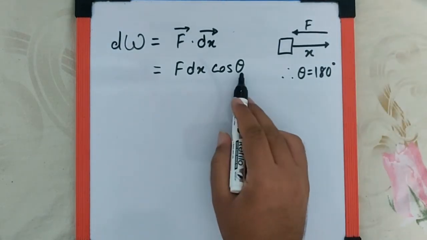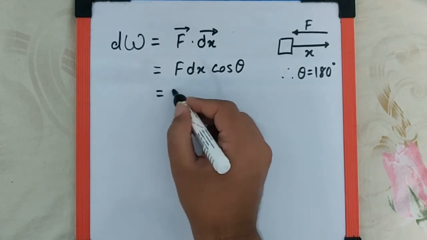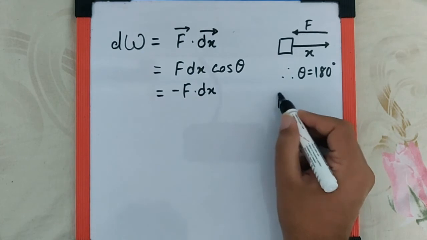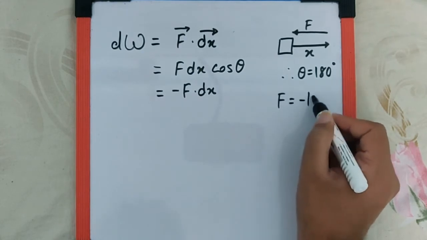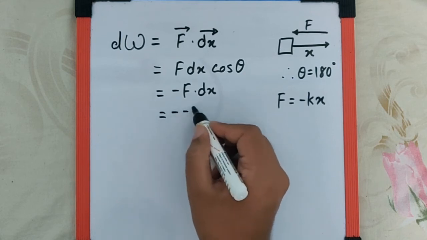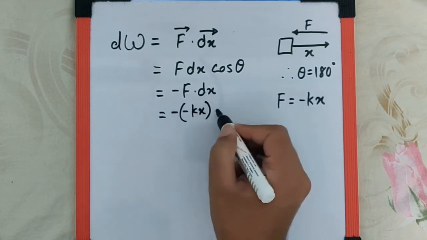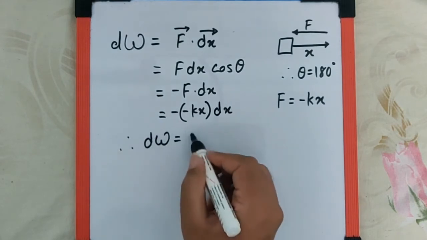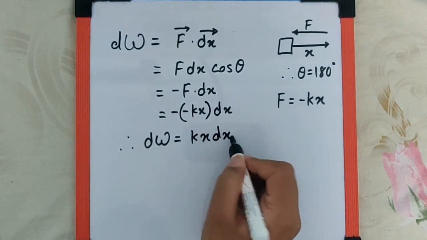So for cos 180 the value is minus 1, so we get minus F dx, and by the oscillation formula we have F as minus kx, which means this becomes minus kx into dx, and so dW becomes kx dx.